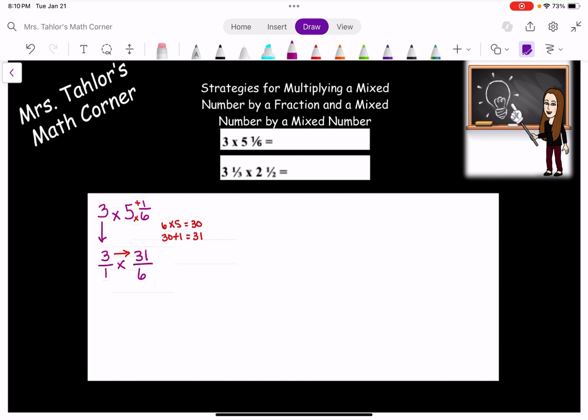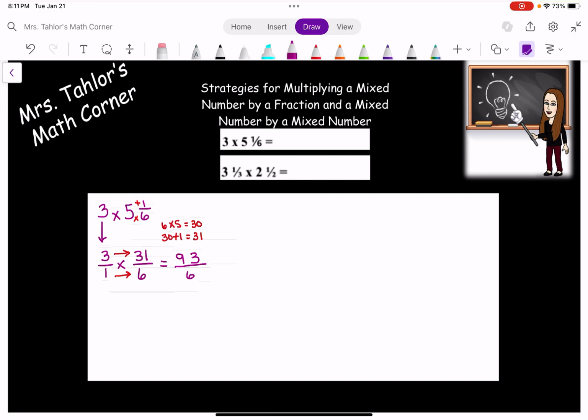I know that 3 times 1 equals 3. And 3 times 3 equals 9. Then I can simply multiply my denominators. And I know that 1 times 6 equals 6.